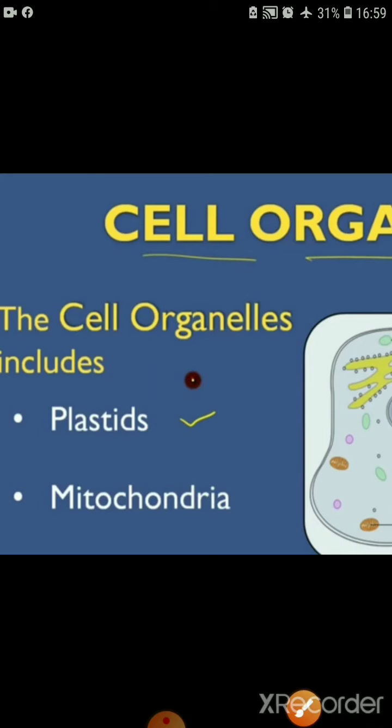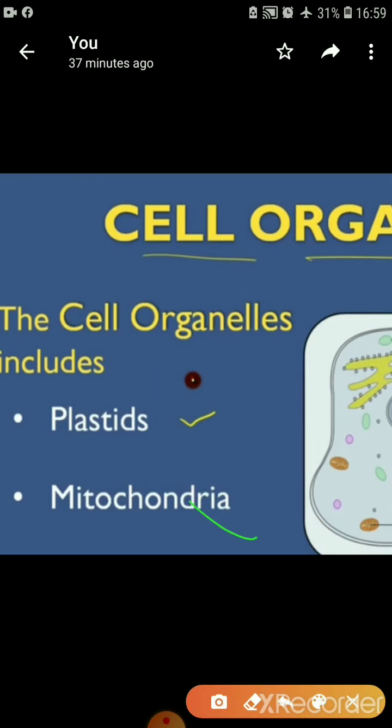But if you talk about mitochondria, these organelles are present in plants as well as animal cells, isn't it? Plastids are only in plant cells, but mitochondria are in both plant cells and animal cells, isn't it?